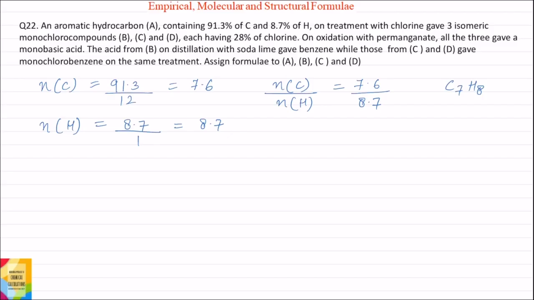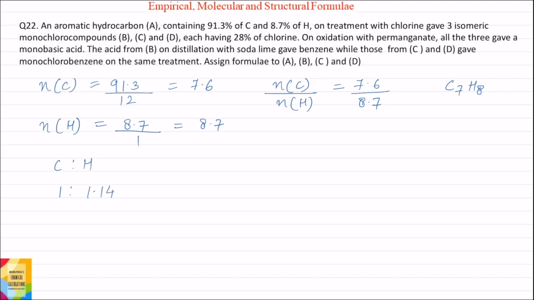So we can assume the formula of the compound to be C7H8, which also represents the molar ratio of carbon and hydrogen. Now if we take the simple ratio, that is if we divide both 7.6 and 8.7 by 7.6, then we get the ratio of carbon and hydrogen as 1:1.14.